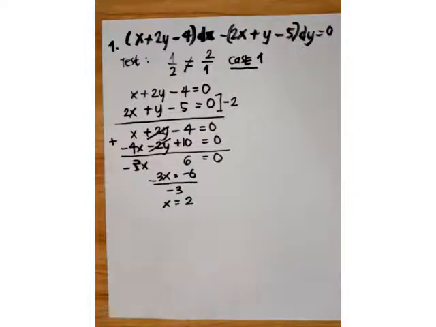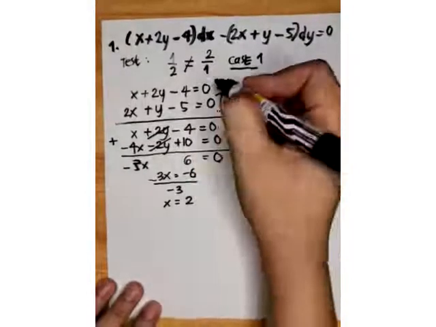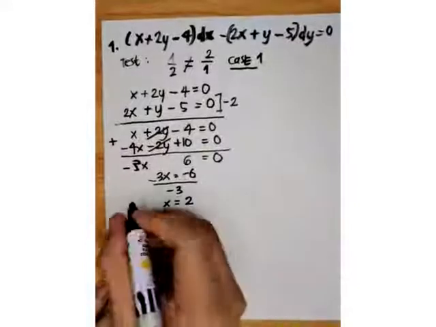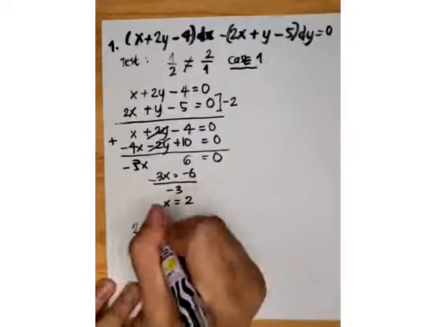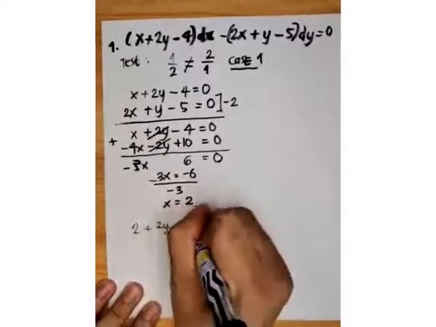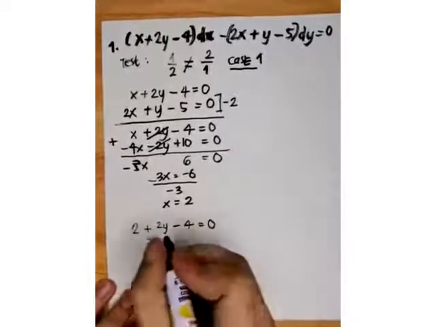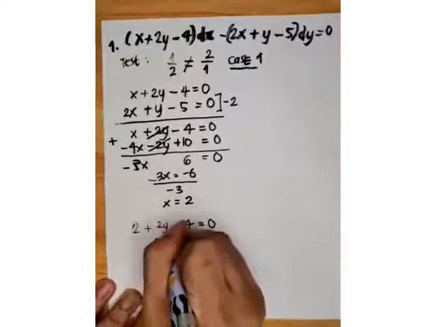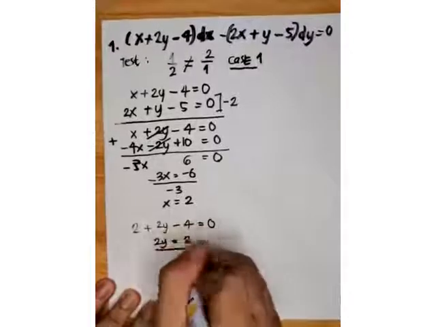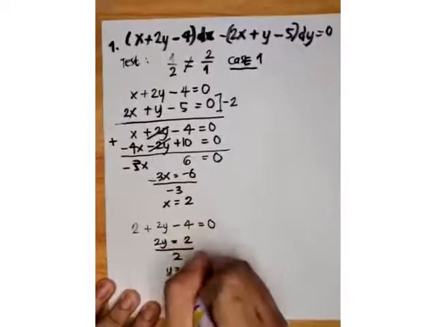Okay? And next, kung 2 yan, apply na lang natin siya sa una. So therefore, we'll have 2 plus 2y minus 4 is equal to 0. So this is 2y is equal to 2. So divide this by 2. So y is equal to 1.